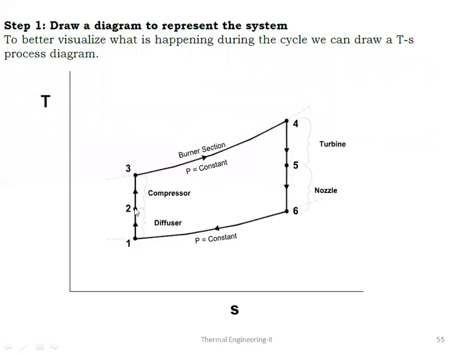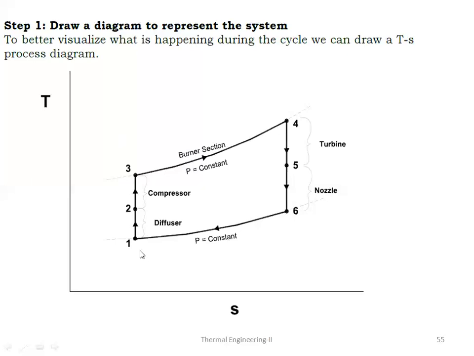The 1 to 2 process belongs to the diffuser, 2 to 3 belongs to the compressor, 3 to 4 belongs to the combustion chamber, 4 to 5 happens in the turbine, and 5 to 6 will be executed in the nozzle. If it were a closed cycle, it would come back to the initial position. But anyhow, all turbojet engines work on the open cycle gas turbine, so the exhaust gases leave from the nozzle itself.